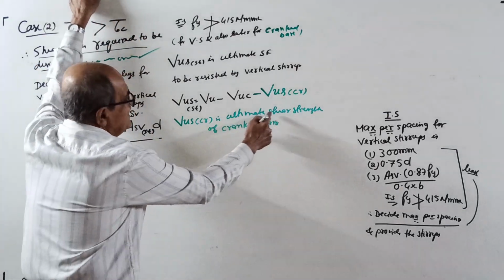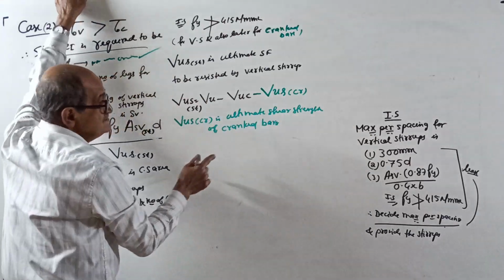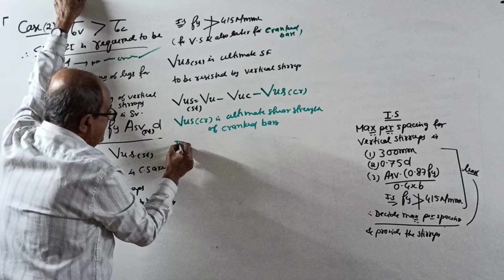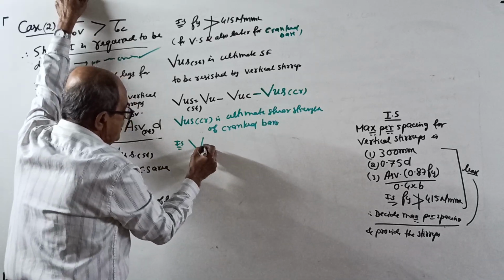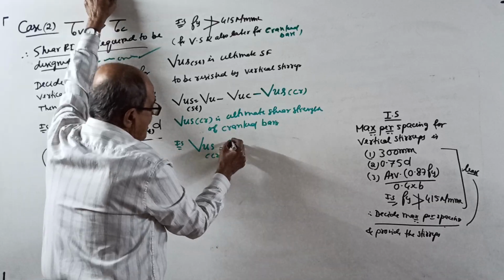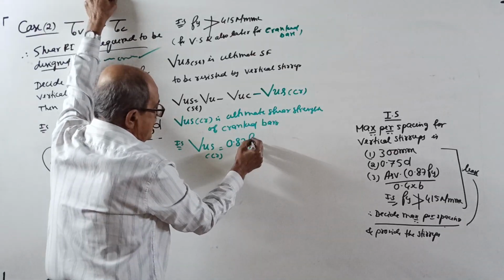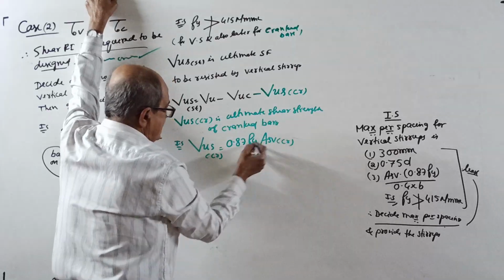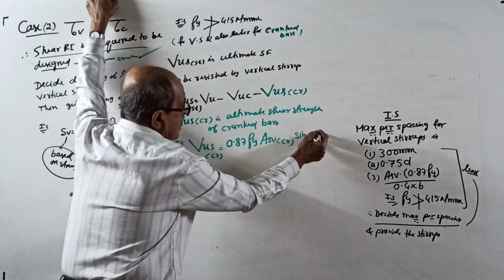VUS CR is the ultimate shear strength of cranked bars. Now, very important. As per IS code, VUS CR equal to 0.87 Fy into ASV for CR into sin alpha.